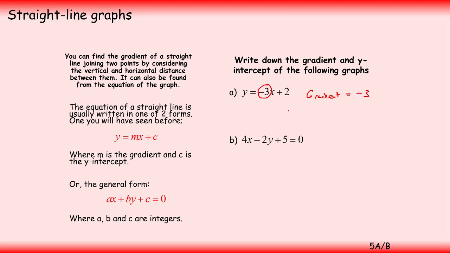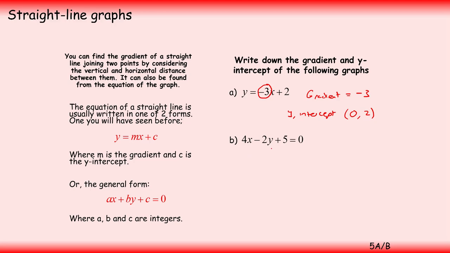And the y-intercept, the coordinates for the y-intercept, well, the x value is 0 and it crosses the y-axis at 2. So that's all we have to do in that first question.